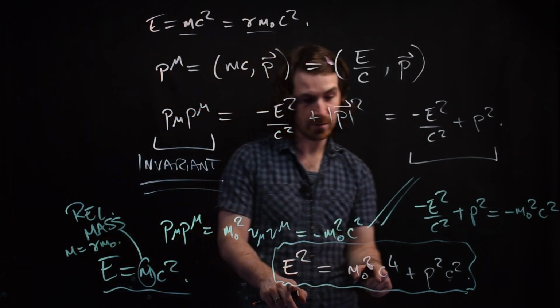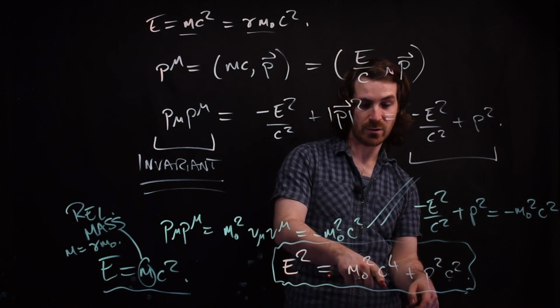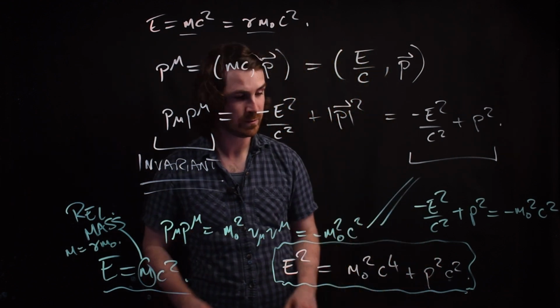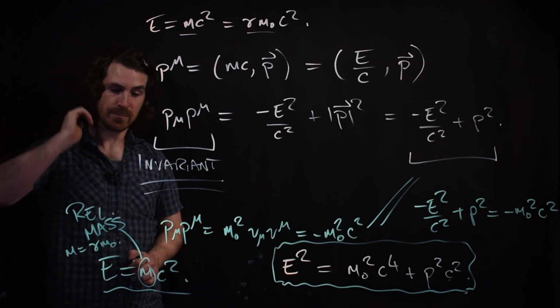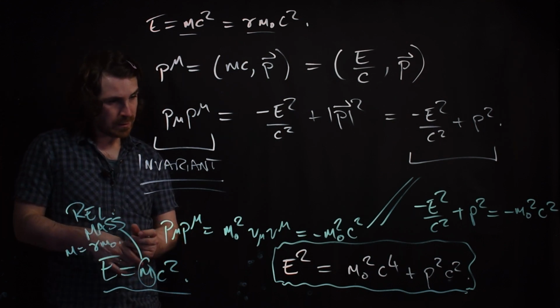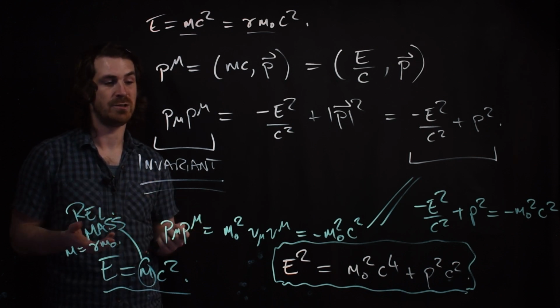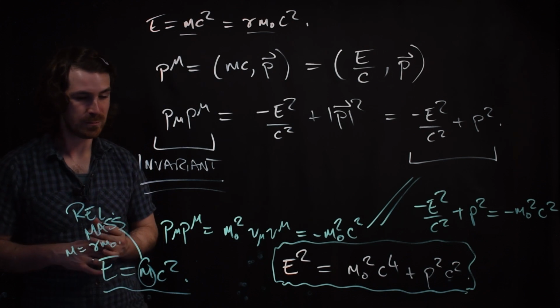The square of the energy is m0 squared c to the 4, plus the magnitude of the momentum squared times c squared. These are important results, and we'll use these and the conservation of energy and momentum to solve some collisional problems.